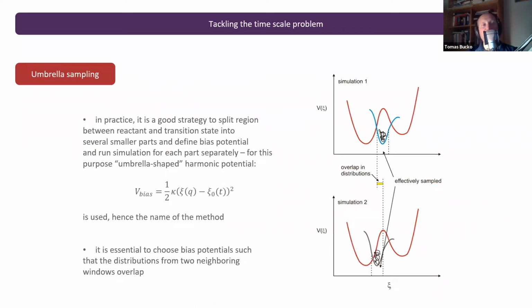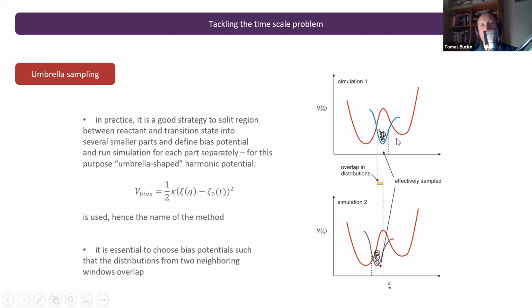So the method that employs this idea, eliminating the effect of the barrier by using bias potential, is called umbrella sampling. But in practice, instead of guessing the shape and position of barriers and the shape and position of the corresponding bias potential, we proceed differently.